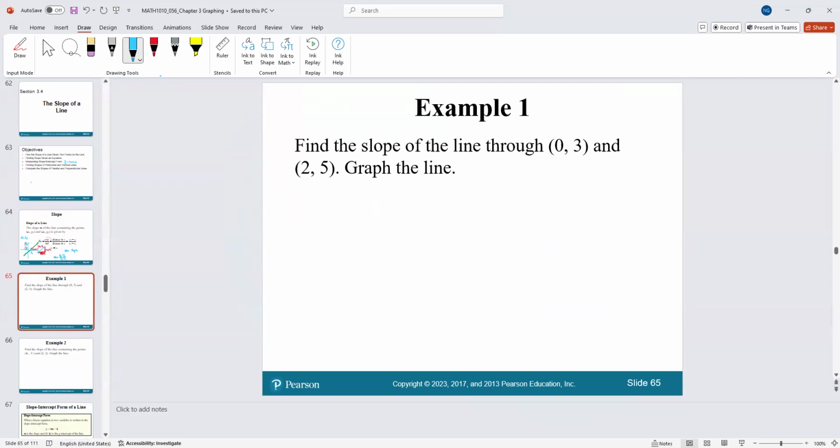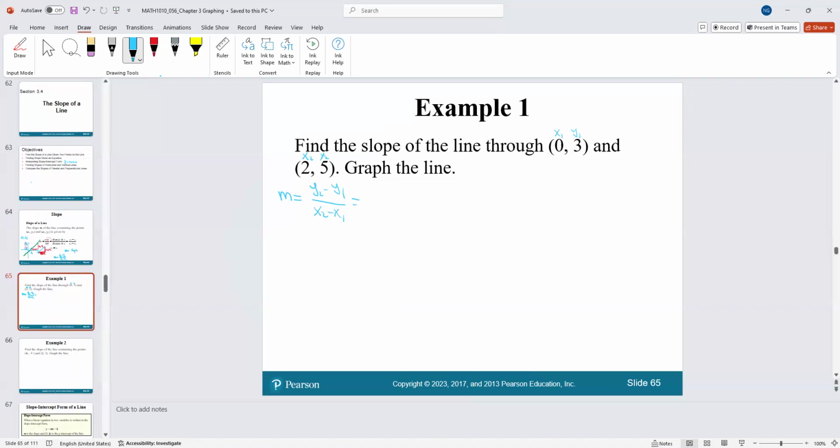If we call one (x1, y1) and the other (x2, y2), you see you have these 2 points. And remember the formula we call slope is y2 minus y1 over x2 minus x1. The first thing is to use the slope formula. It does not matter which point we call (x1, y1).